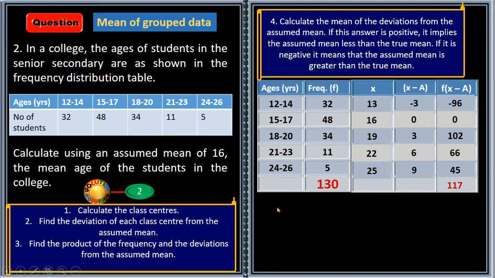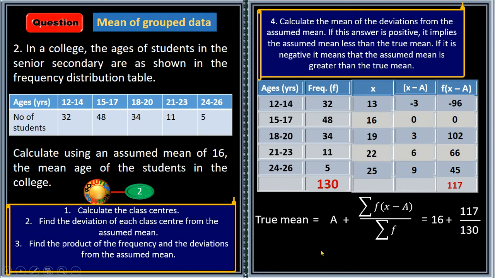Now let's do that. The true mean will give me the assumed mean plus the deviation from the mean, divided by the total frequency. The assumed mean, we know from the question, is 16. So we have 16 plus the summation of this, which is 117, divided by the total frequency, 130.